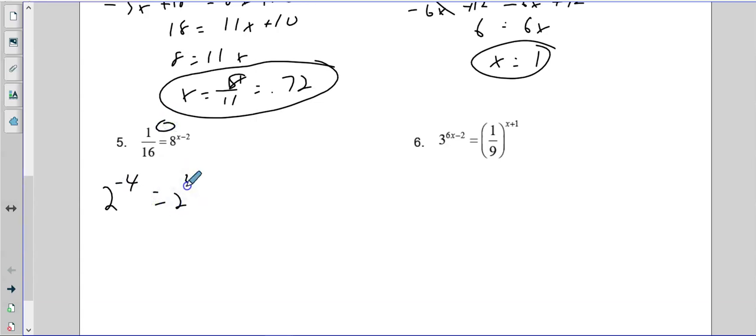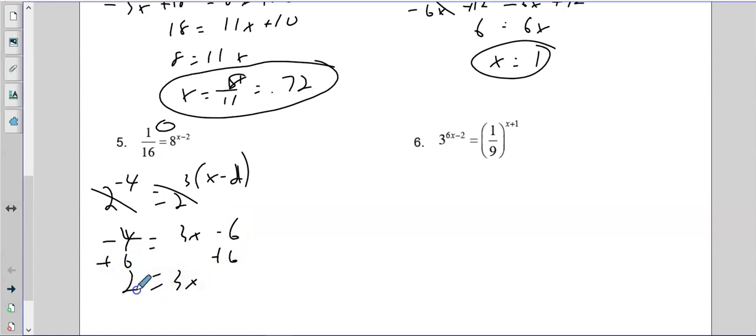And then this is 2 cubed, x minus 2. Those go away. We get -4 equals 3x minus 6. I'm going to add 6 to both sides. 3x equals 2. Divide by 3. X equals 2/3. Just leave it as a fraction because it's a repeating decimal.